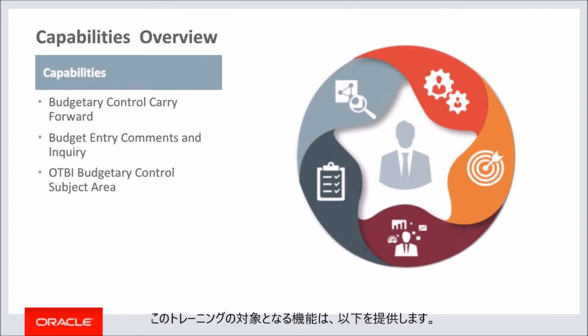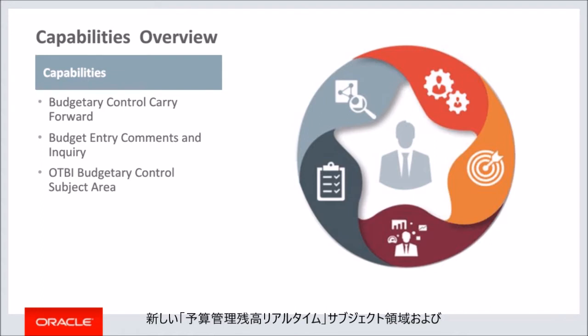The capabilities covered in this training will provide you with the ability to easily identify and carry forward surplus funds and open purchase orders to the next budget cycle using the new Budgetary Control Carry Forward set of processes. Improve visibility into budget import by annotating budget import lines and viewing the budget import entries and its details.